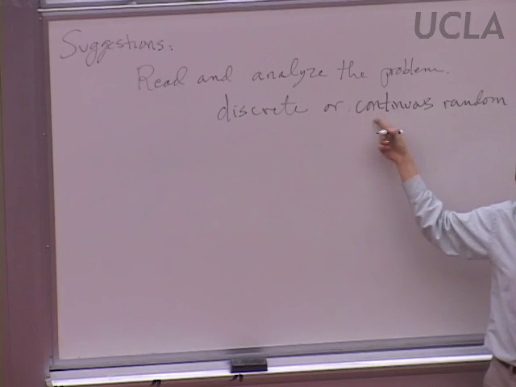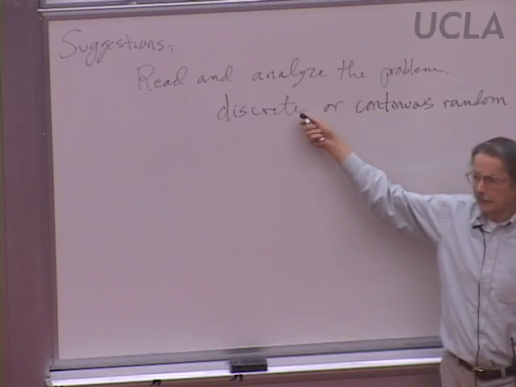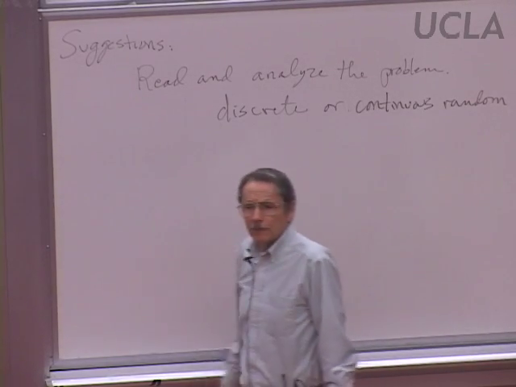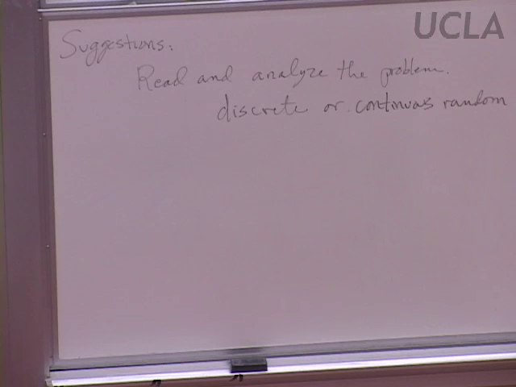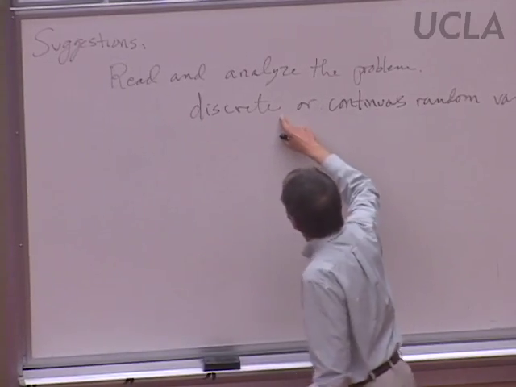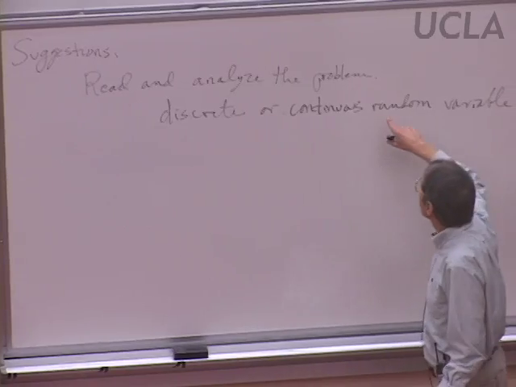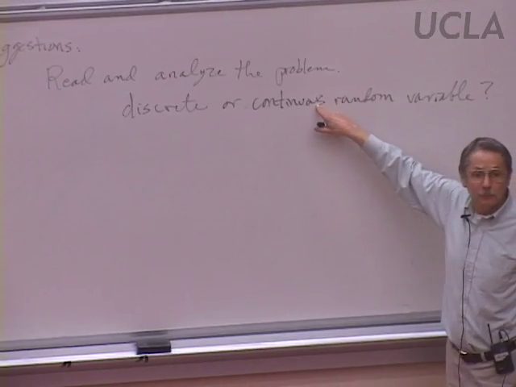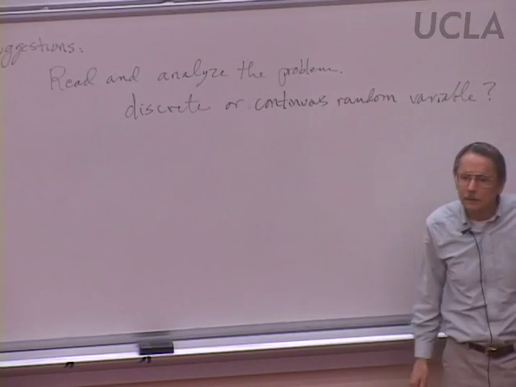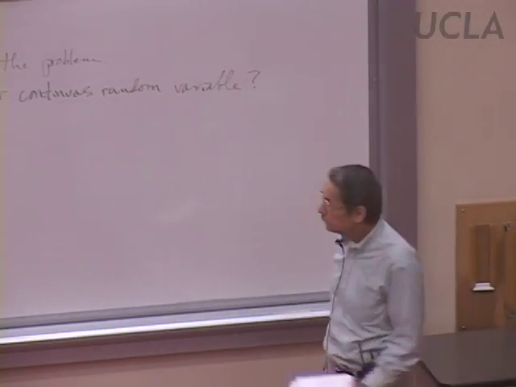Not that the dividing line is always sharp, because in some cases, for example, in the normal approximation to the binomial distribution, the number of successes is a discrete random variable, which we might want to approximate by using a continuous random variable in the normal distribution.